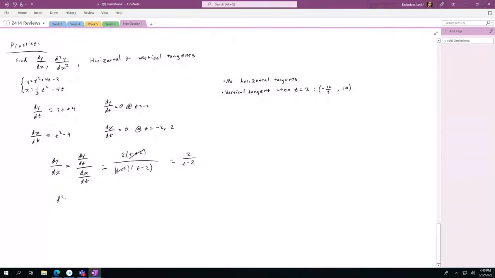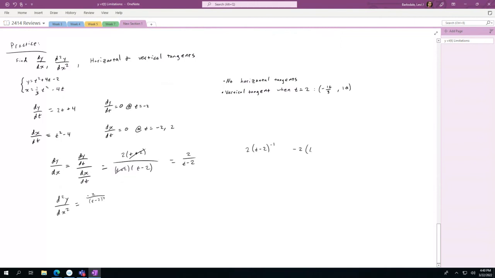Now I need to find d squared y over dx squared, which is going to be the derivative of my first derivative. So this is going to be -2 over t minus 2 squared. I can go ahead and do the quotient rule, or I can rewrite my derivative as 2 times t minus 2 to the negative first, and then apply the chain rule.